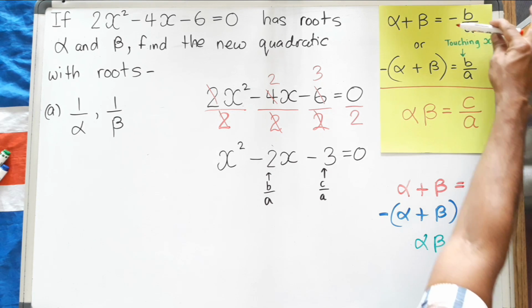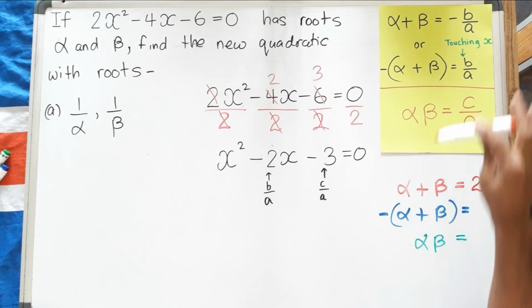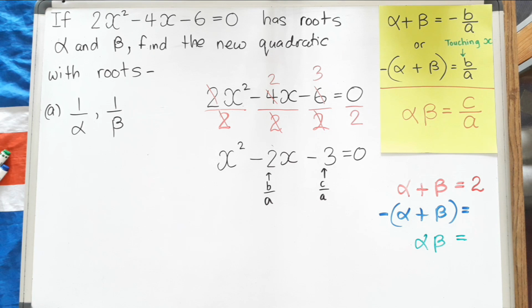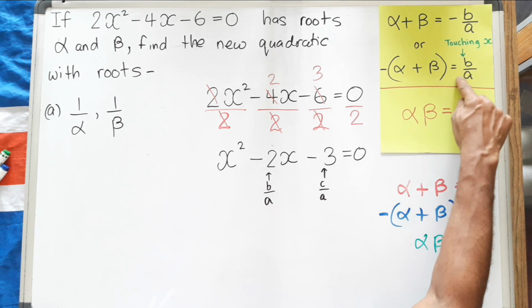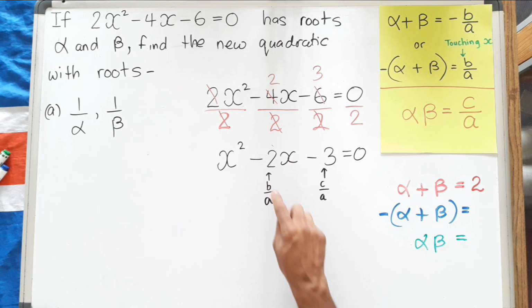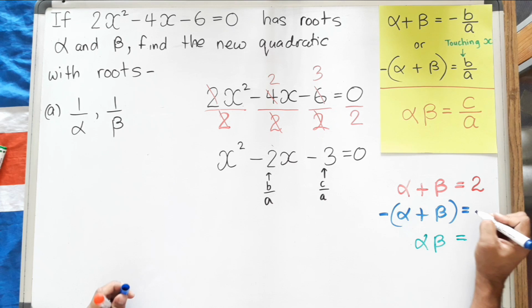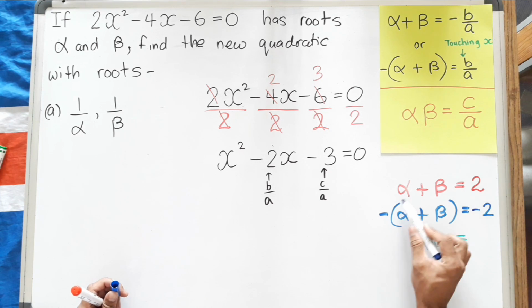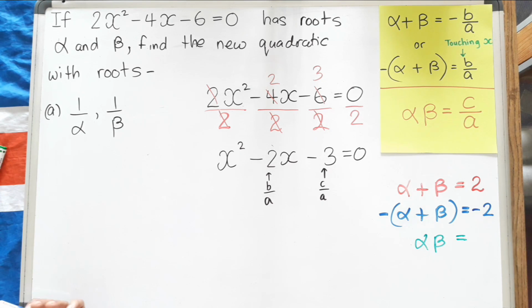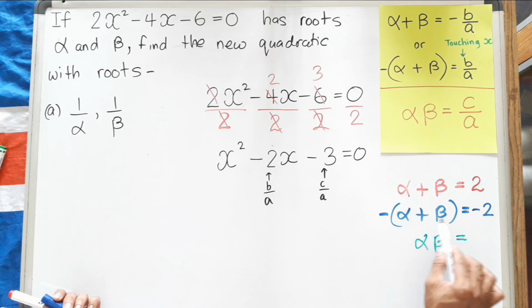Now, remember I told you these two formulas are basically the same formula. But I like to have both in front of me. And minus alpha plus beta is equal to B divided by A. B divided by A is minus 2. Right? So anywhere I see alpha plus beta, I can replace it with 2. Anywhere I see alpha plus beta with a minus sign, I'm allowed to replace it with minus 2.